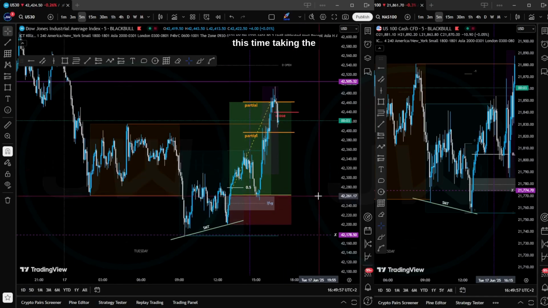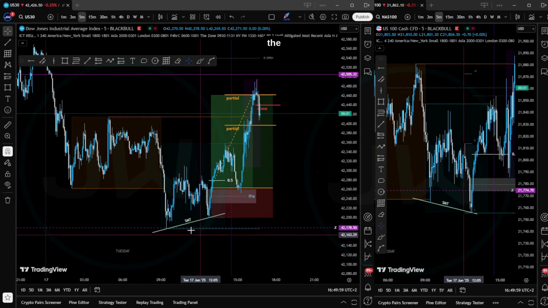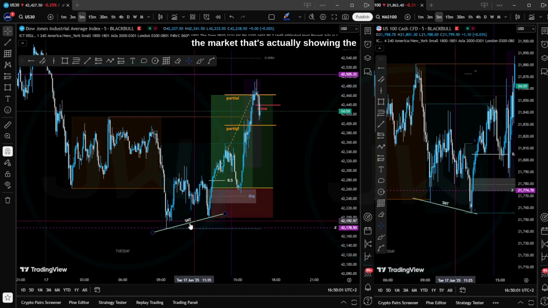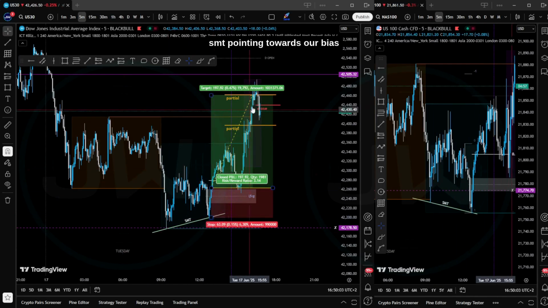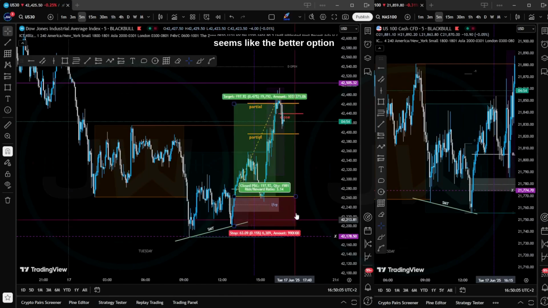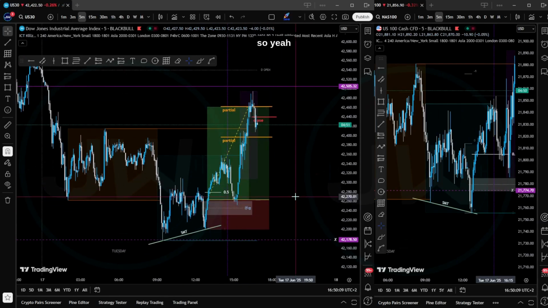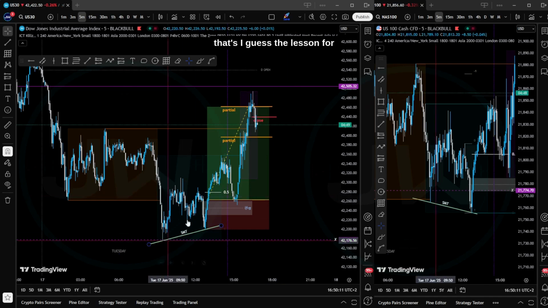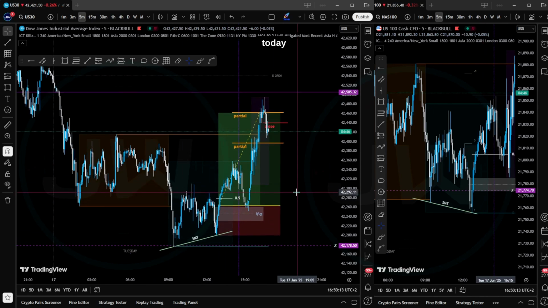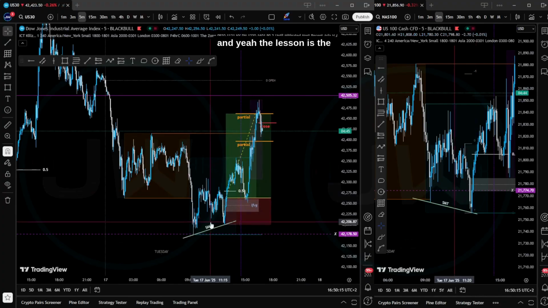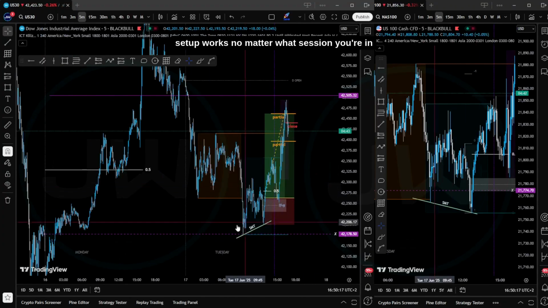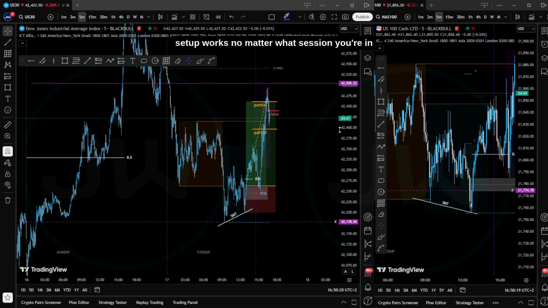So this time, taking the market that's actually showing the SMT pointing towards our bias seems like the better option. So yeah, that's, I guess, the lesson for today. And yeah, the lesson is the setup works no matter what session you're in.